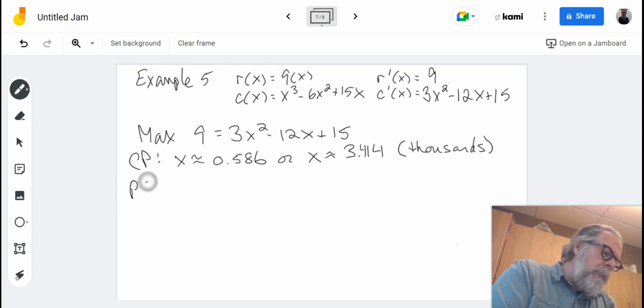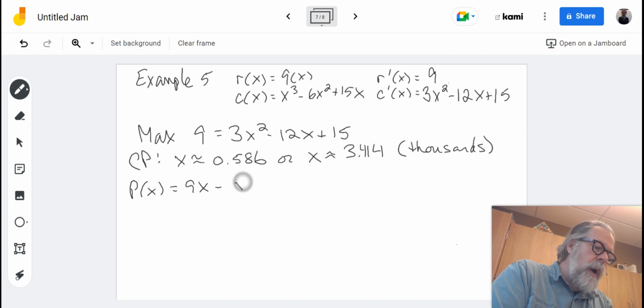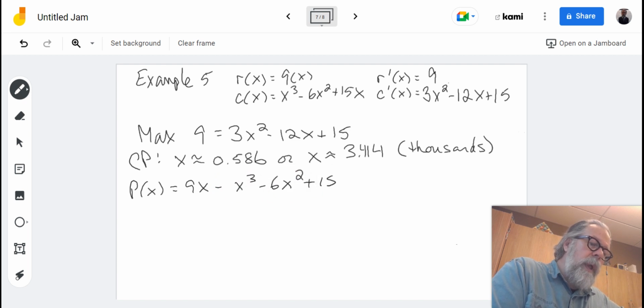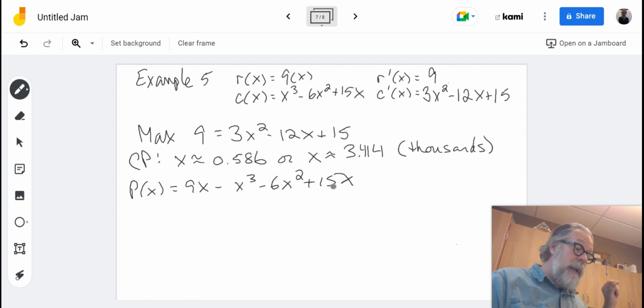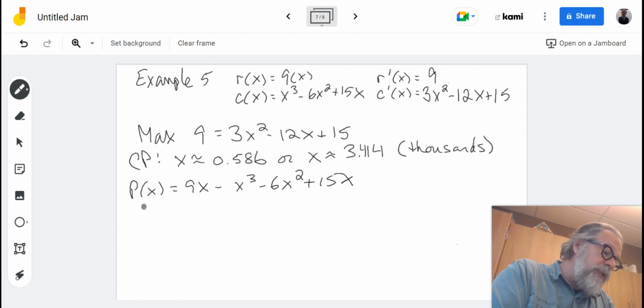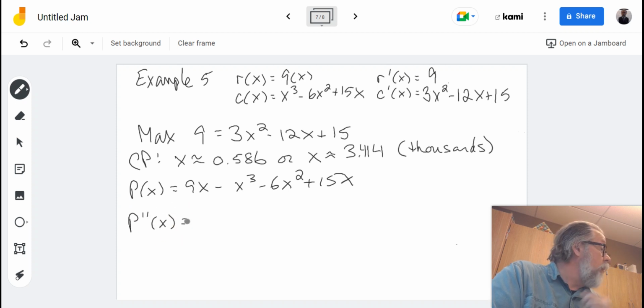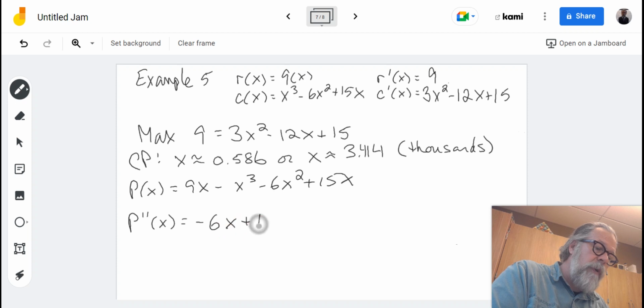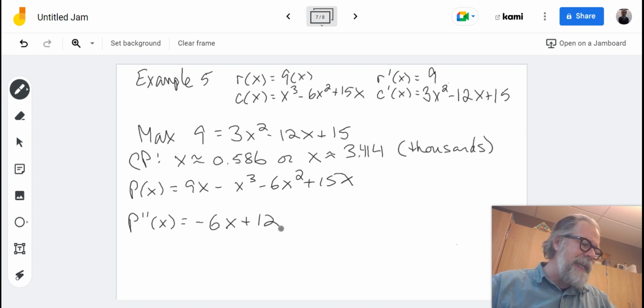We know that our profit was equal to revenue minus cost. And so what we can calculate is that the second derivative of this function will be equal to negative 6x plus 12. I skipped some steps in there because I didn't use the profit equation directly.